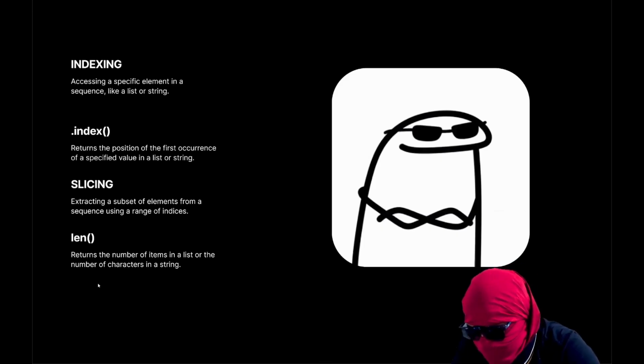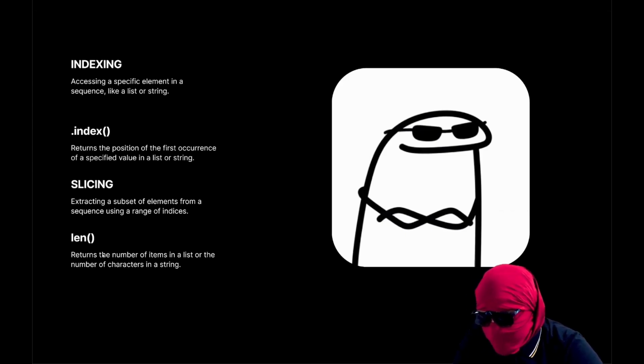I missed the len function, so let's learn what the len function does. A len function returns you the number of items in the list. Here we are doing it for strings, so it returns the number of characters in a string.